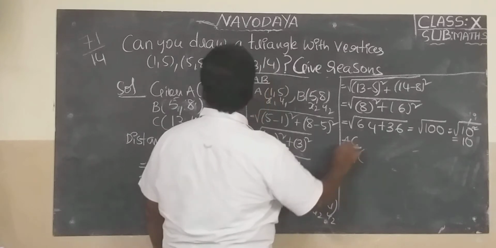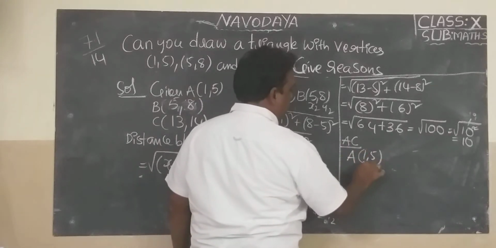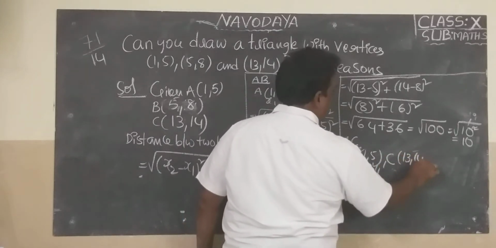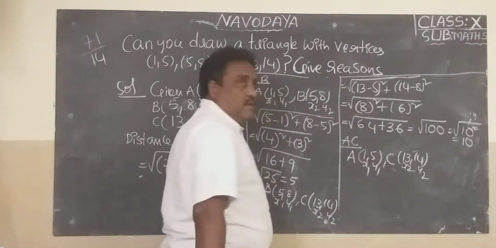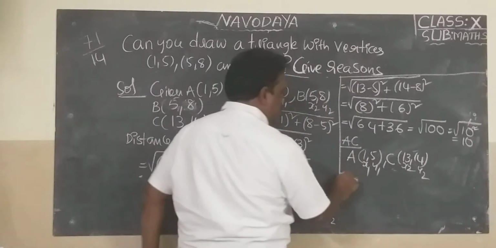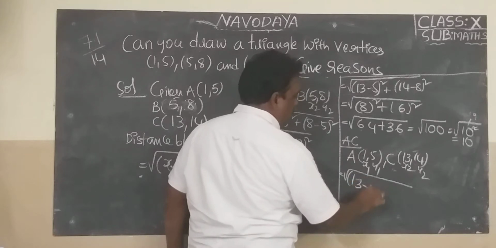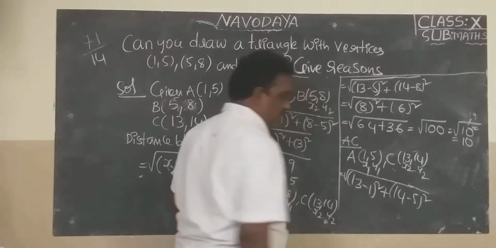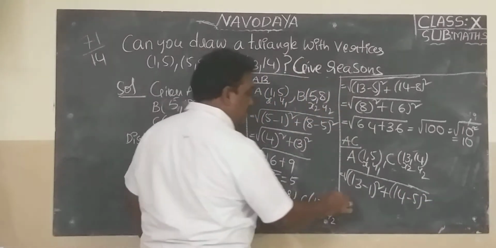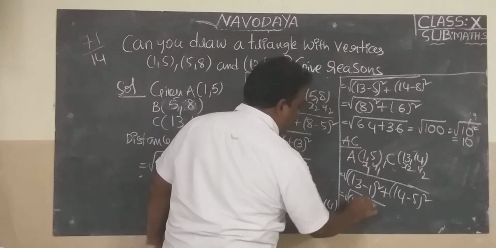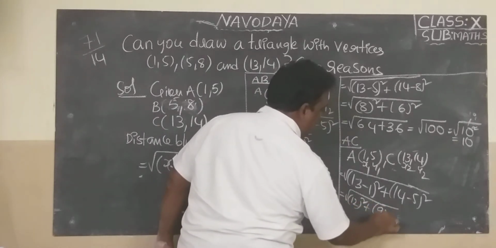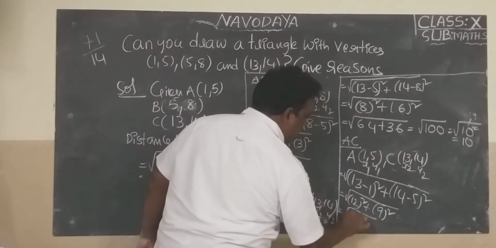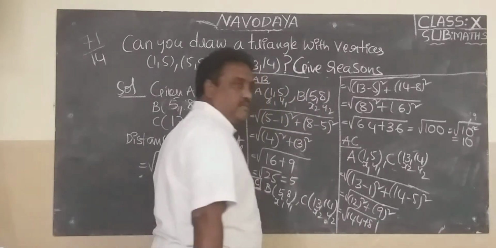Then AC. A is (1, 5), x1, y1. C is (13, 14), x2, y2. Substitute: root of (13 minus 1) whole square plus (14 minus 5) whole square. 13 minus 1 is 12, whole square. 14 minus 5 is 9, whole square. 12 square is 144, 9 square is 81.